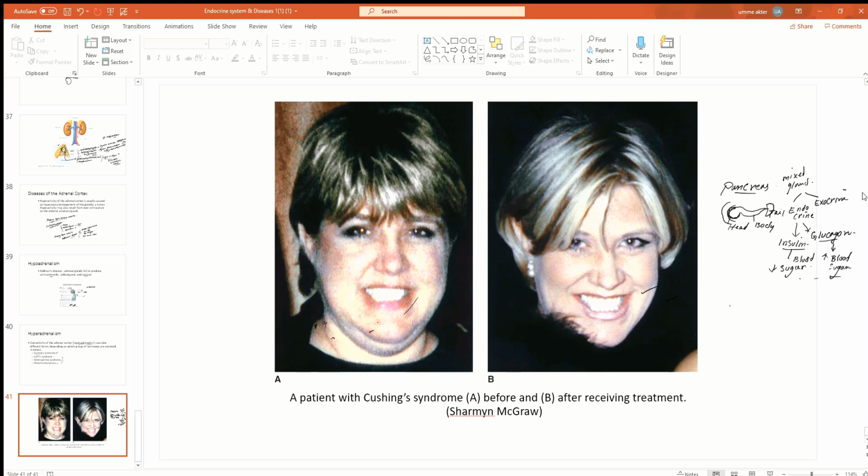And last thing, gonads, testes and ovaries. These are called gonads. Two testes in the male body, two ovaries in the female body, and they produce sex hormones.